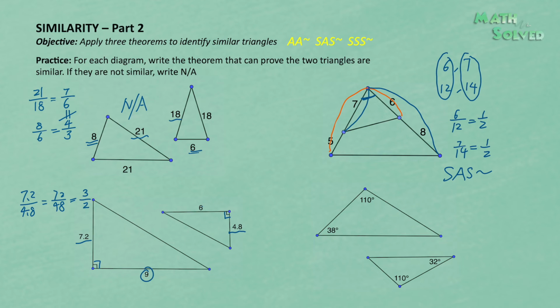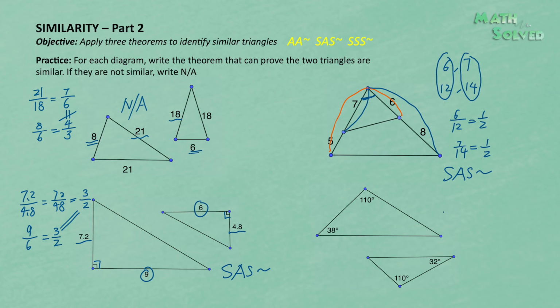Then 9 is corresponding to 6, so the ratio is 9/6, that is equal to 3/2. And these two ratios are equal, so these sides, they are proportional, and their included angles are 90 degrees. So these two triangles are similar, again, by side angle side, the sandwich theorem, side angle side similarity.